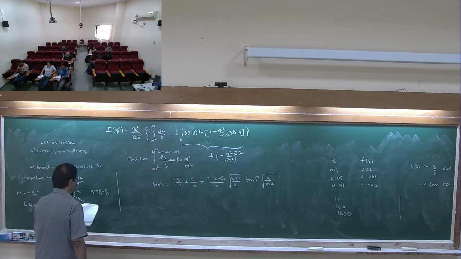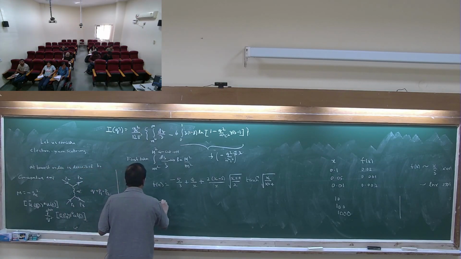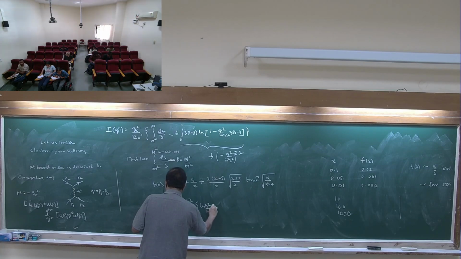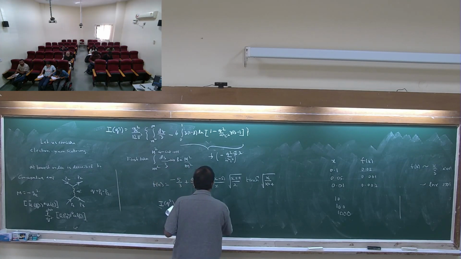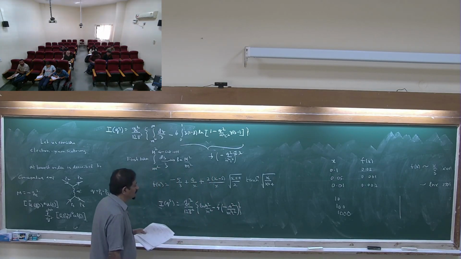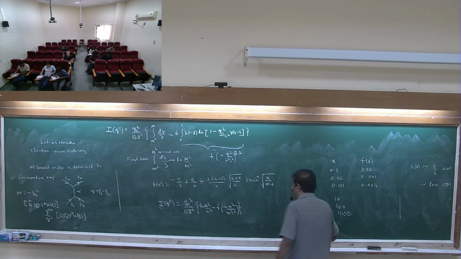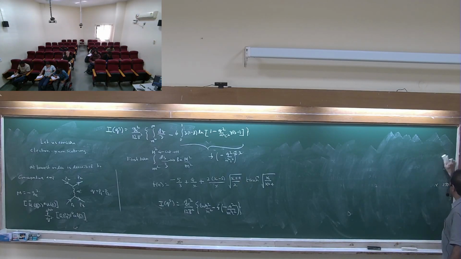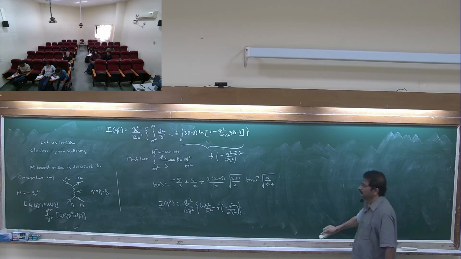He says that your I of q squared is then equal to ge squared by 12 pi squared times logarithm of m squared by m squared minus f of minus q squared by m squared c squared, like this. Okay, so this is the simple calculation that we have done, and nobody can have any quarrel with this. It's just a simple loop integral. We have not done any interpretation of anything that's right or wrong.